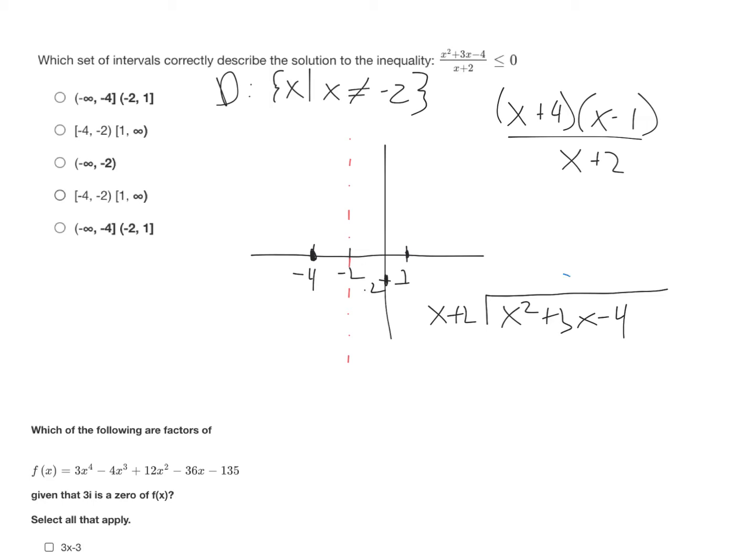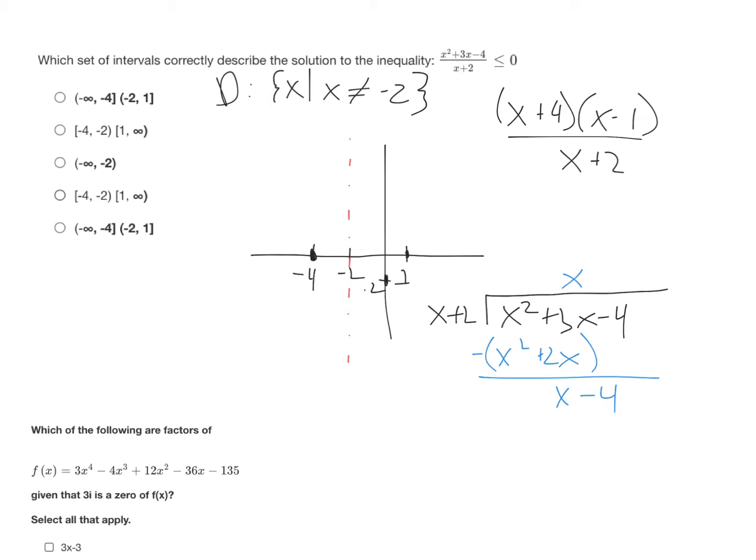Well, that's just another x. Then I distribute that. I get x squared plus 2x, and then I subtract. First terms cancel out, and this becomes x, and there's nothing to combine my 4 with, so it's just 4.